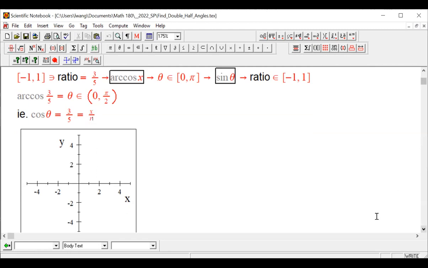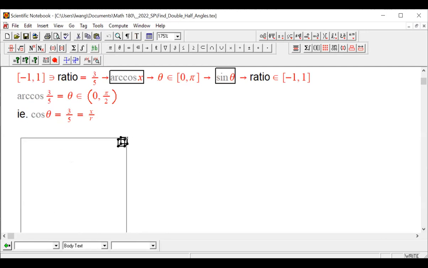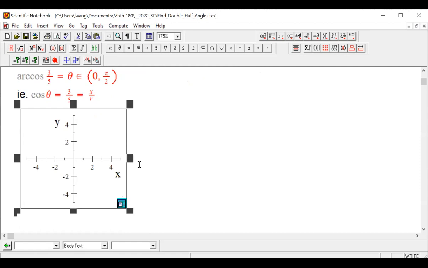So we can draw the red number and the blue number. We can tell that 3/5 means x is 3 and r is 5, right?